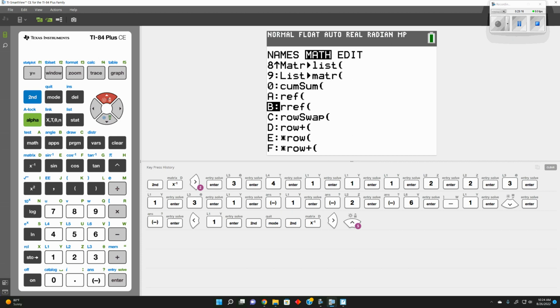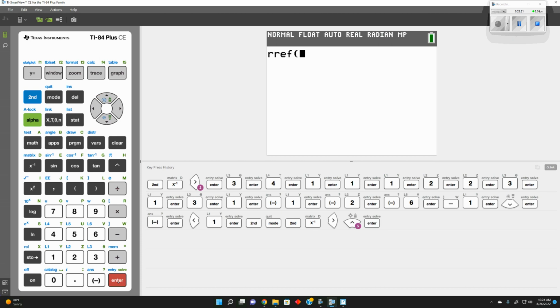And it should pull up just RREF, yes? So this is telling the calculator, second quit, second mode, second matrix, go over 1, and scroll up or down to RREF, and then hit enter.